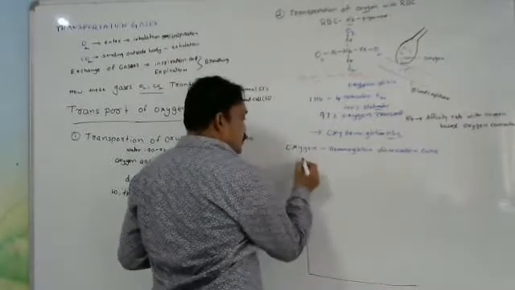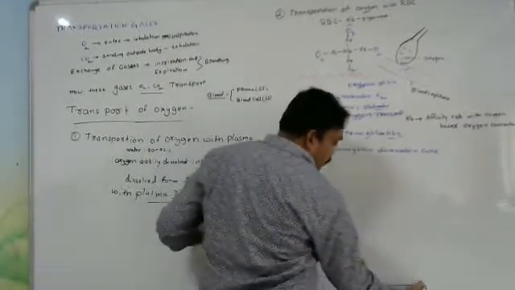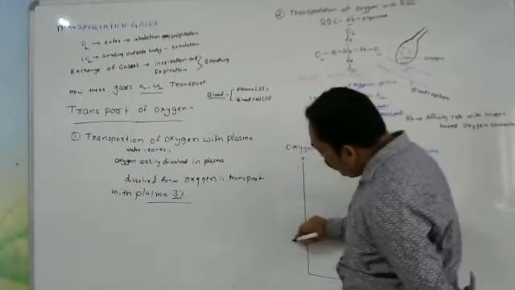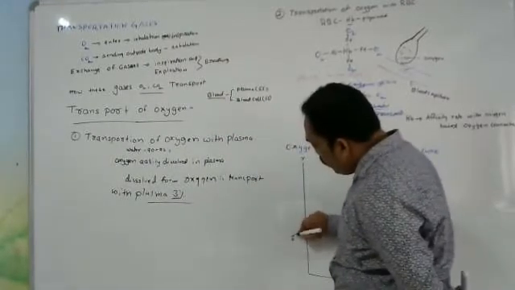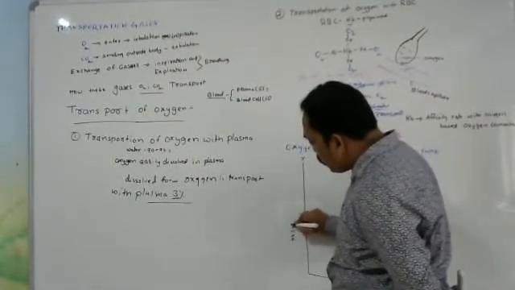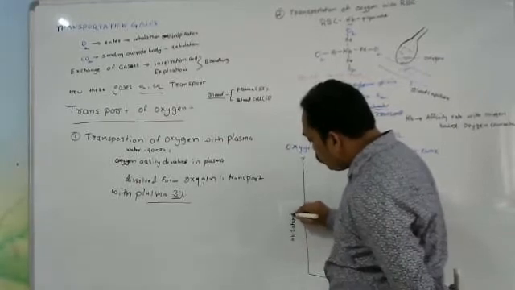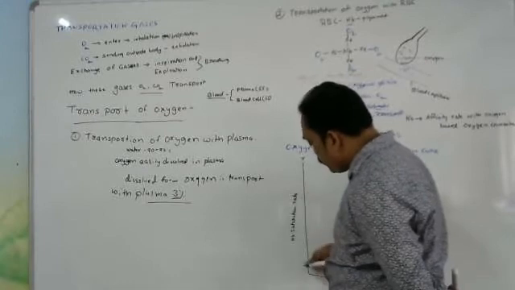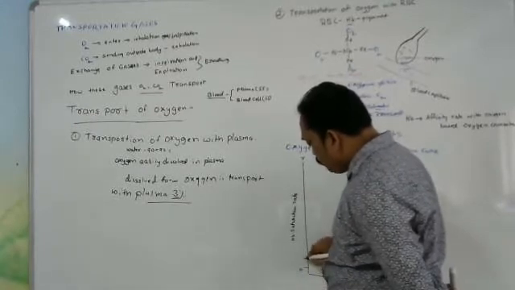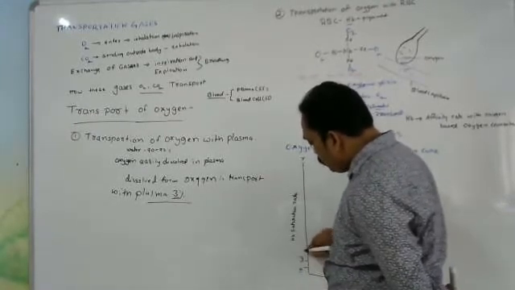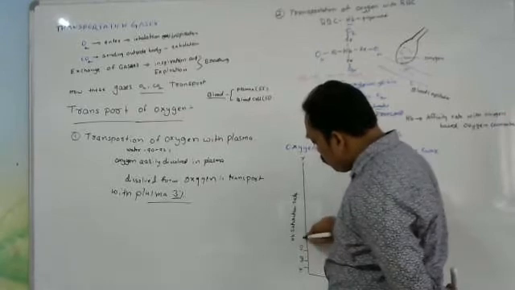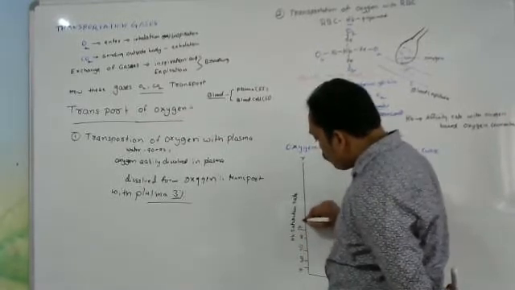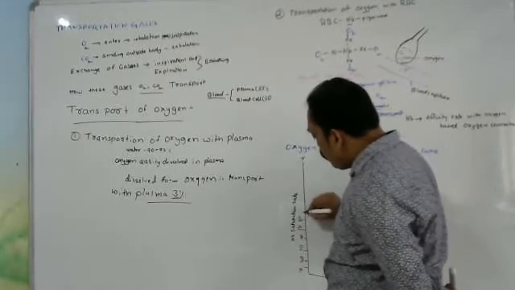This is the y-axis. This is the x-axis. On the y-axis, you have to take the hemoglobin saturation rate: 10, 20, 30, 40, 50, 60, and so on.